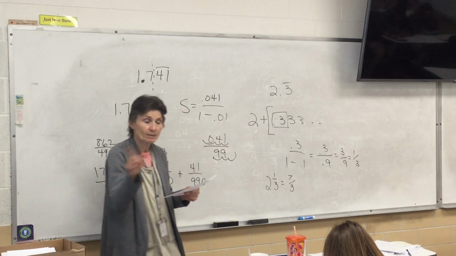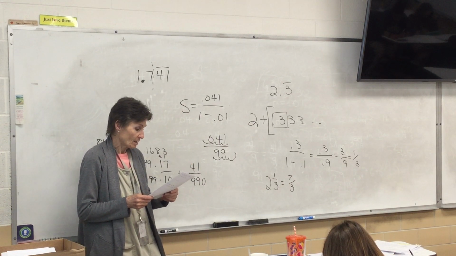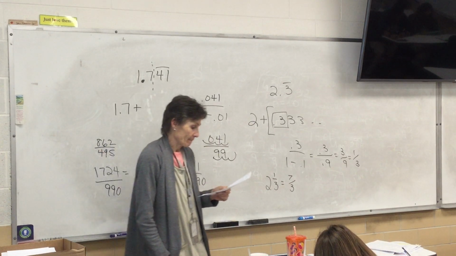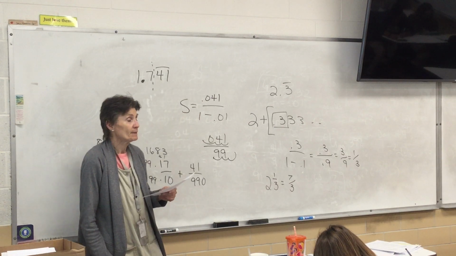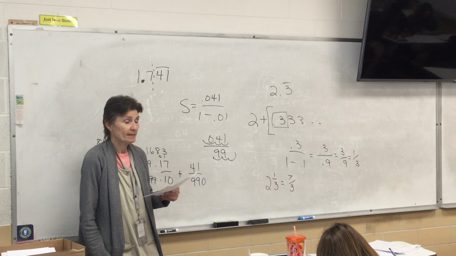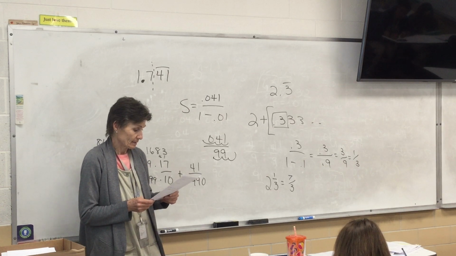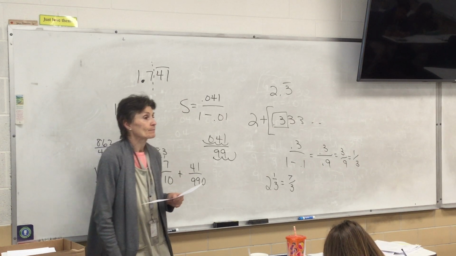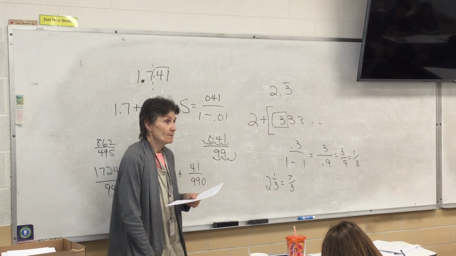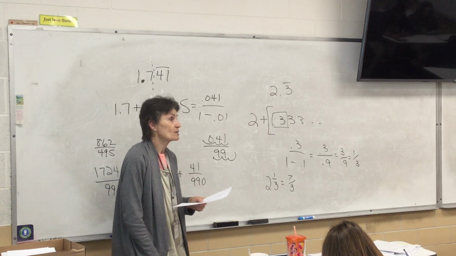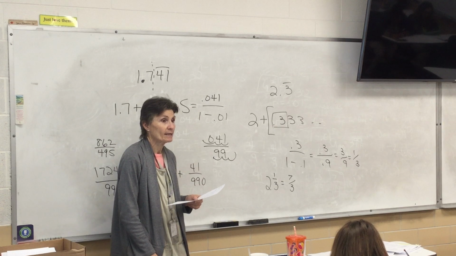You can just write R equals -7. D. Arithmetic, its common difference is -2. We're going down by 2's. And E. Geometric, the ratio is 1/2. Aren't we multiplying by 1/2?